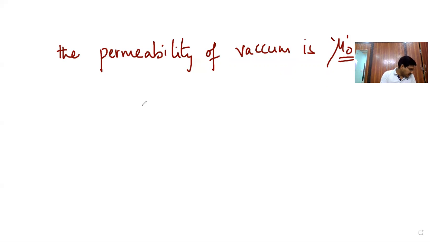First one quoted is potential difference V. Second one is electric current I. Third one is permittivity of the free space. Fourth one is speed of light. And fifth one is permeability of the free space.